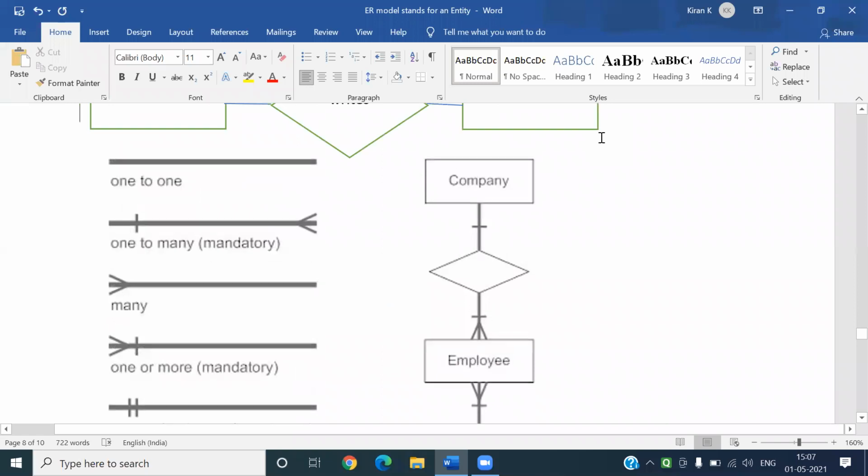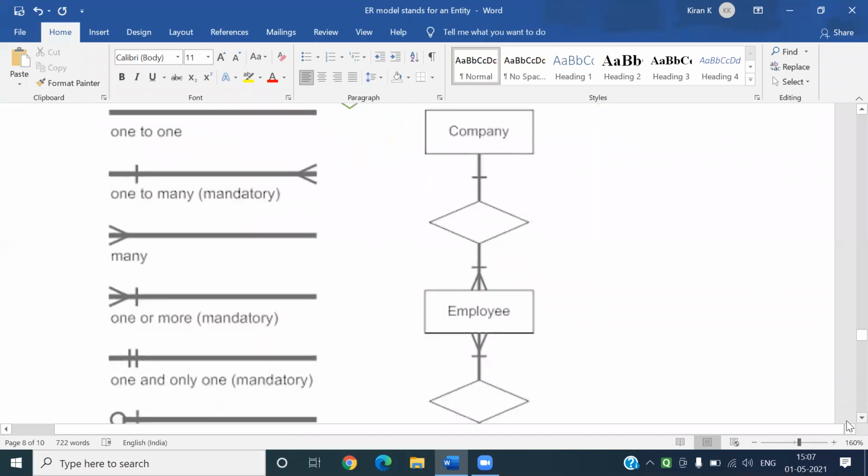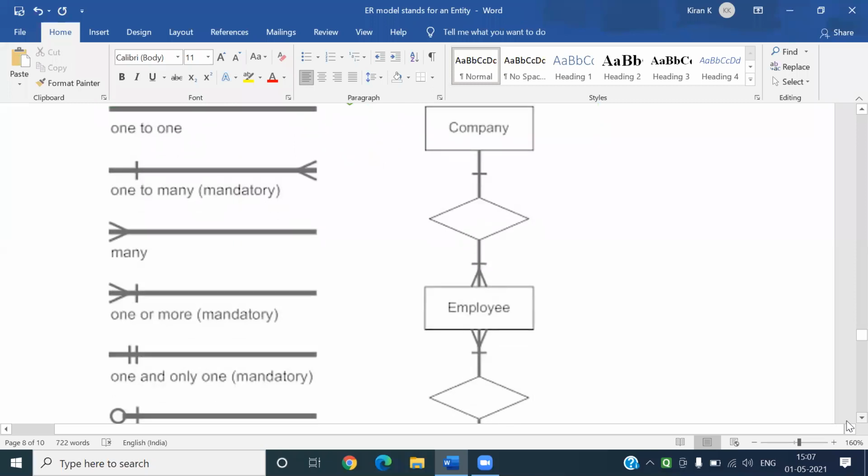Now you can see here the diagrams which show the notation, how to draw a one-to-one relationship and a one-to-many relationship.